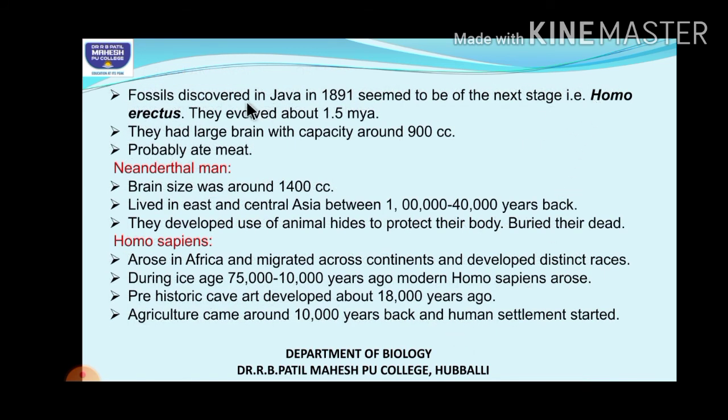Then was the Homo erectus, about 1.5 million years ago. Their brain capacity was 900 cc. They ate meat. Neanderthal man's brain capacity was 1400 cc. Their key feature is they protected their body and buried their dead. Then the Homo sapiens evolved later. Okay, so these are the points.